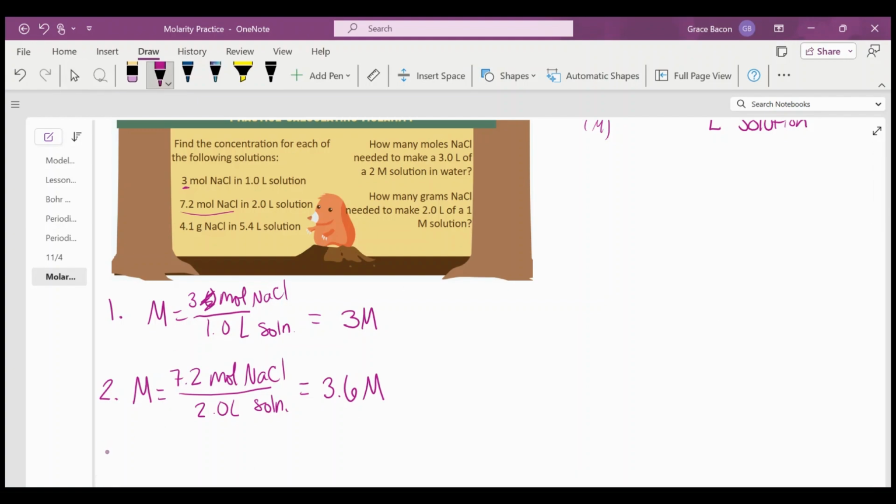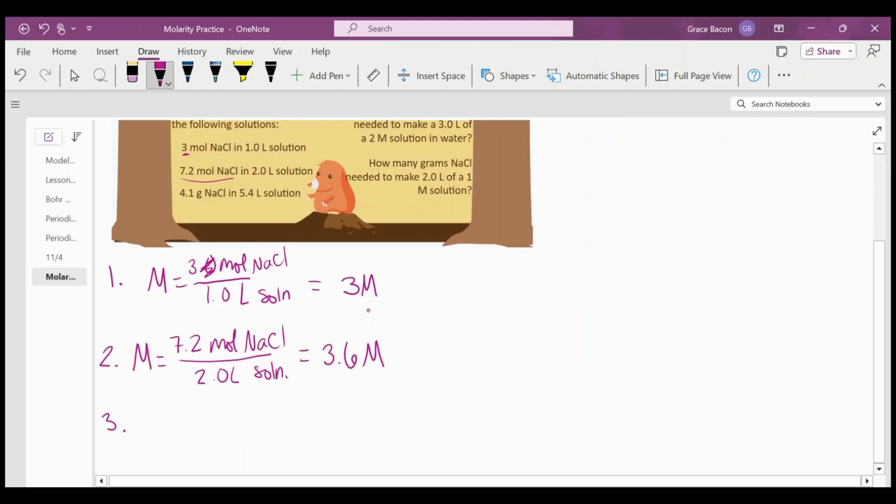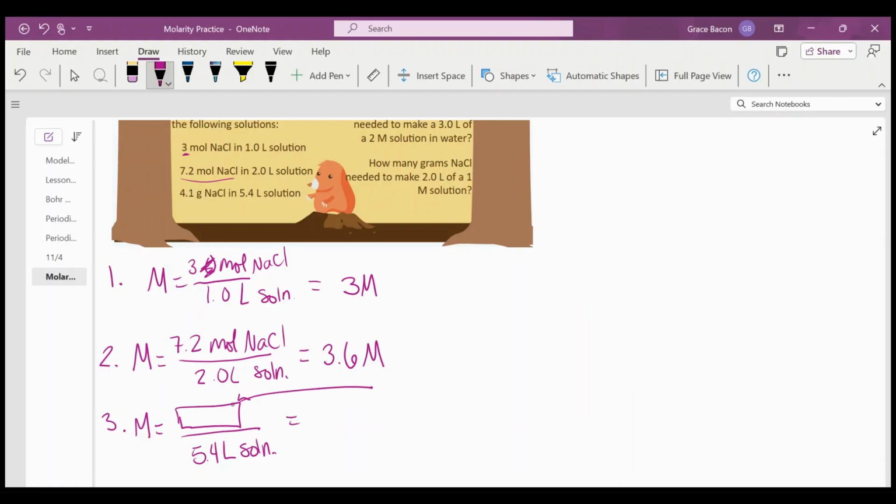And then the last one on the left says 4.1 grams NaCl in a 5.4 liter solution. So this specifically is moles of solute over, well, I can put my 5.4 liters of solution down, but then I have to figure out, how do I figure out moles of solute?